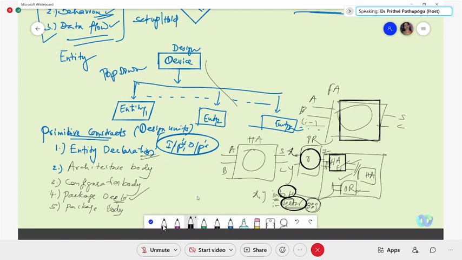Package declaration defines the type of the signals or type of the interconnects you are connecting them. And the definition of that will be given by the package body. Understood?